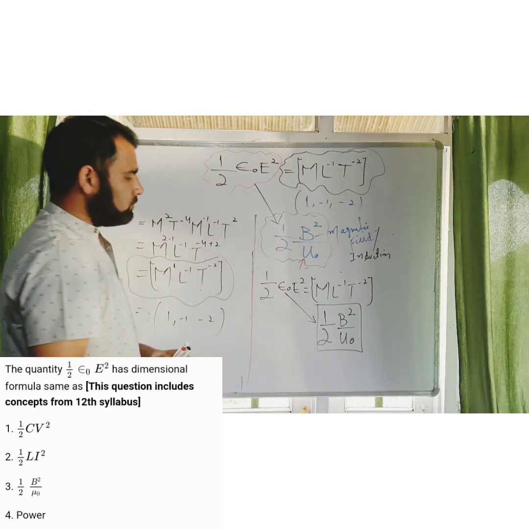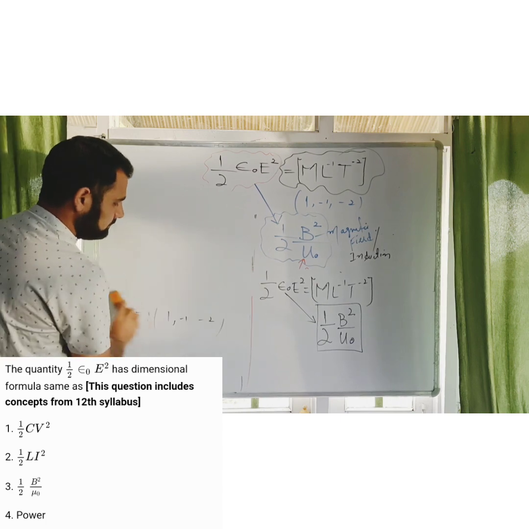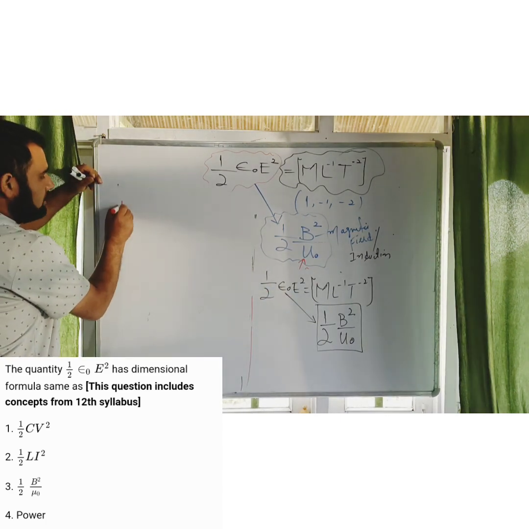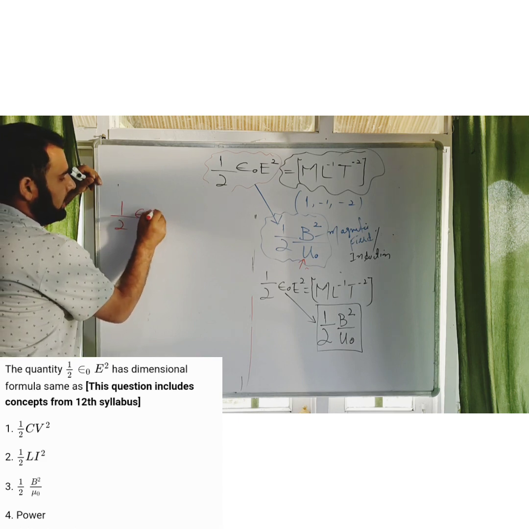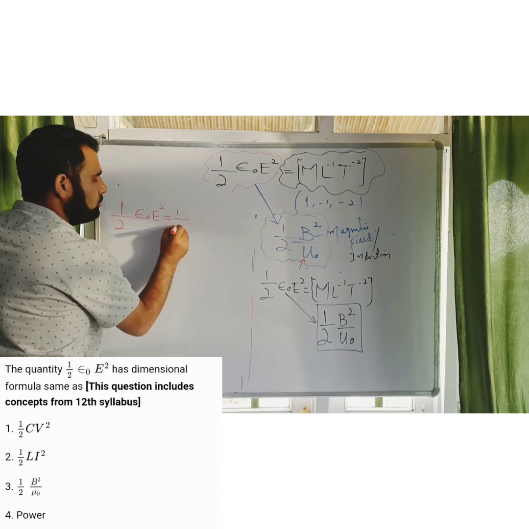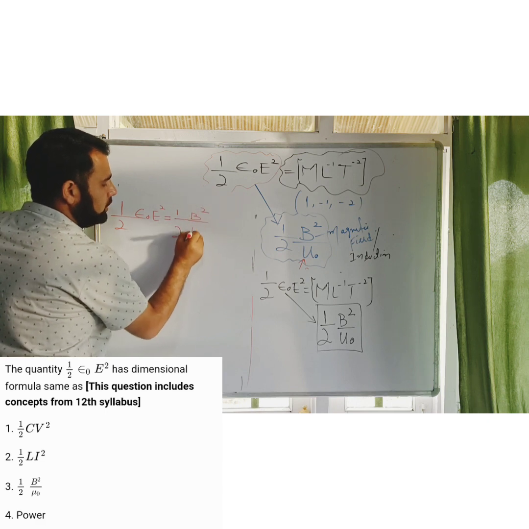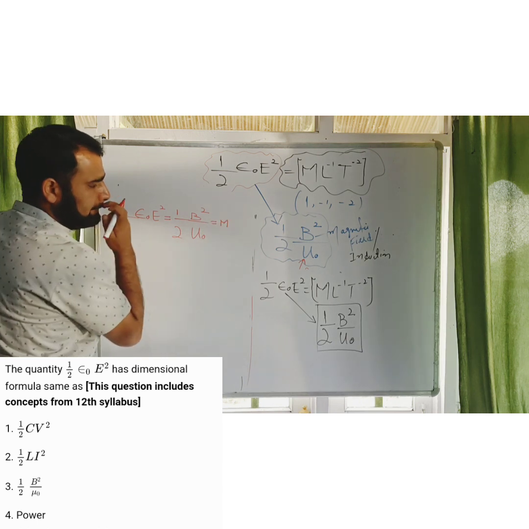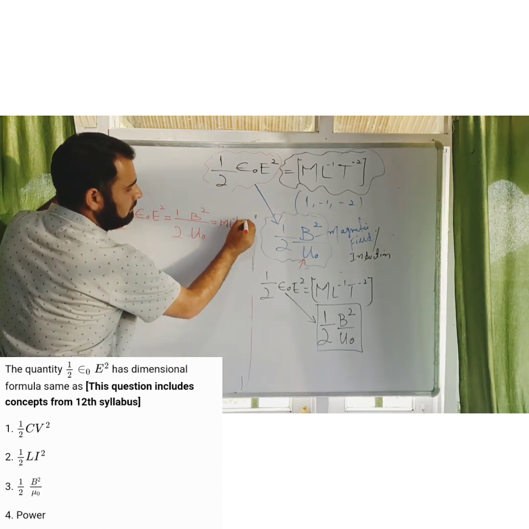In other words, we can write that the dimensional formula of 1 by 2 epsilon naught E square is equal to 1 by 2 B square divided by mu naught, which is equal to M L raised power minus 1 T raised power minus 2.